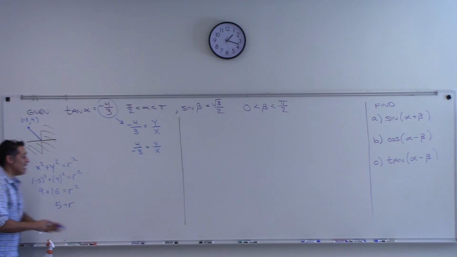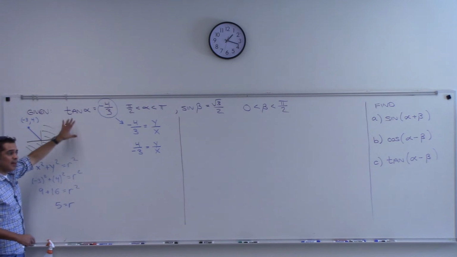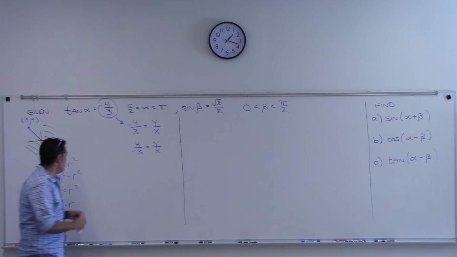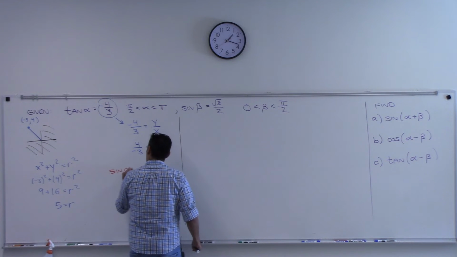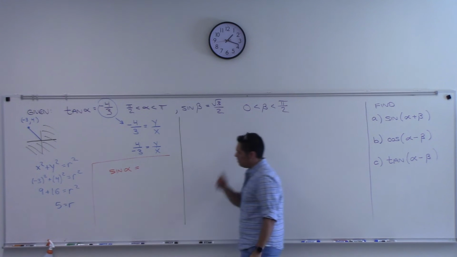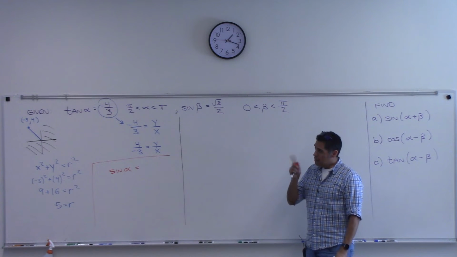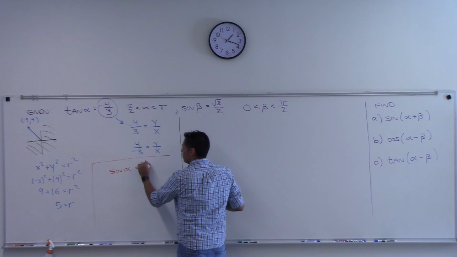So even though I may not need it, I'm going to list out pretty much everything I now know. Sine of alpha is going to be which coordinate over which coordinate? Y over r, right? So the y coordinate we said was 4, so this is 4/5, yeah?